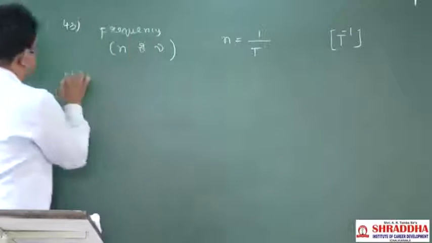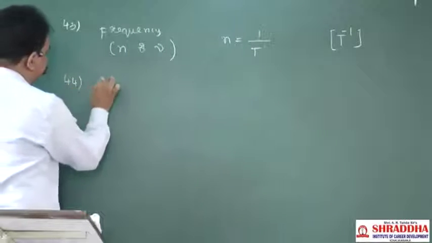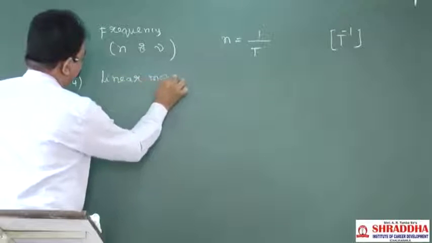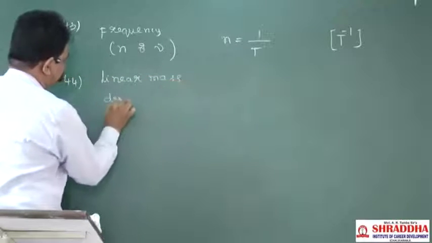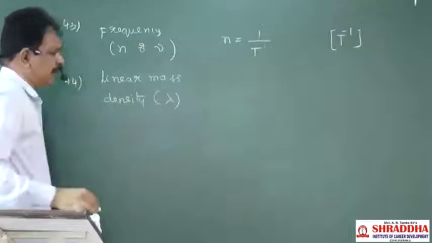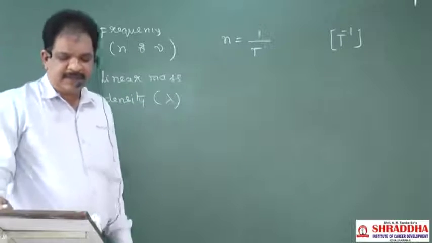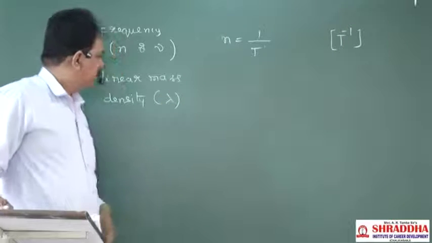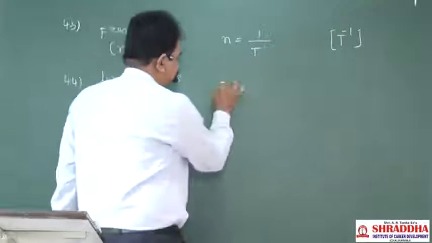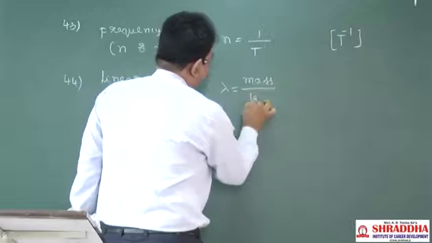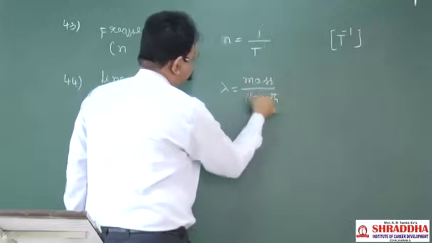Next, 44, linear mass density. Linear mass density is indicated by the letter lambda. Lambda is equal to mass per unit length.